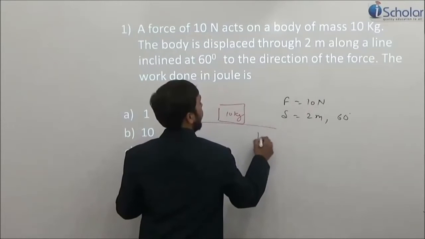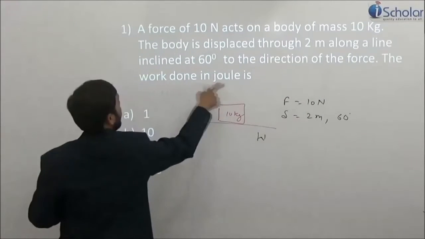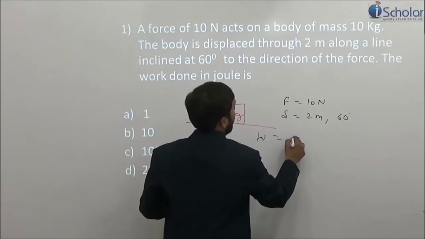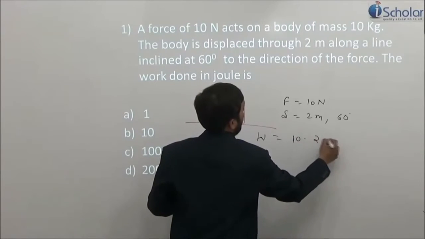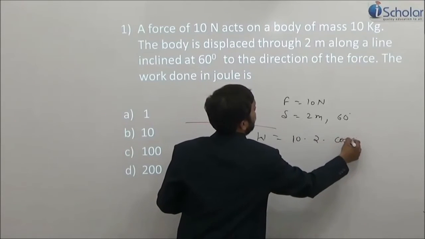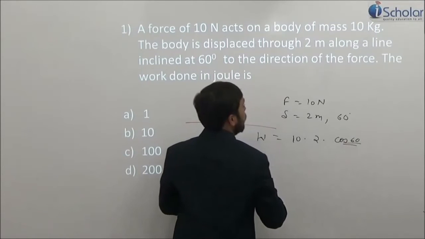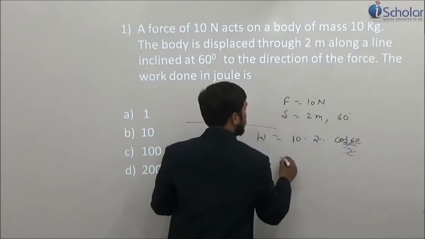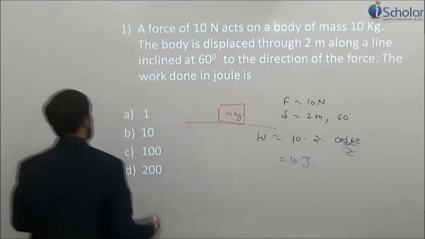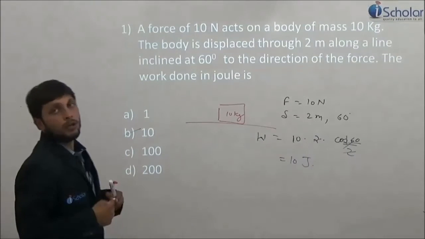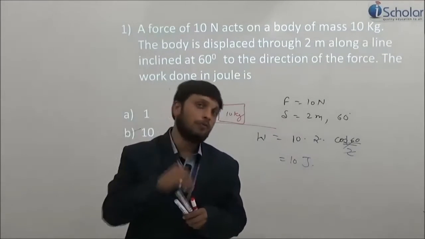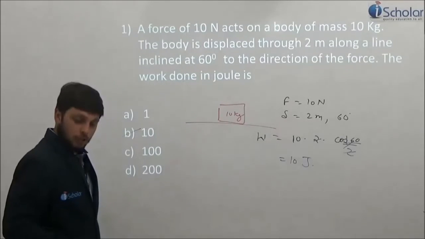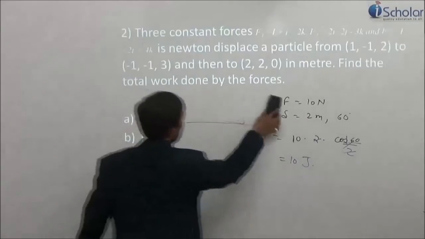So what is the work done in joules? Work is equal to F S cos theta. Cos 60 is equal to 1 by 2. So the answer is 10 joules. Joule is the SI unit of work done. Easy? Shall we move on to question number 2?